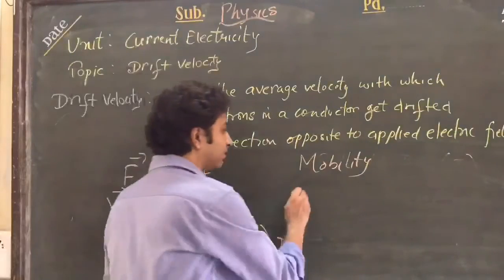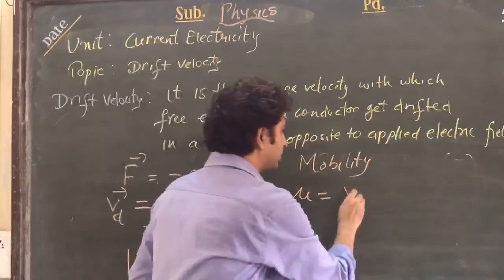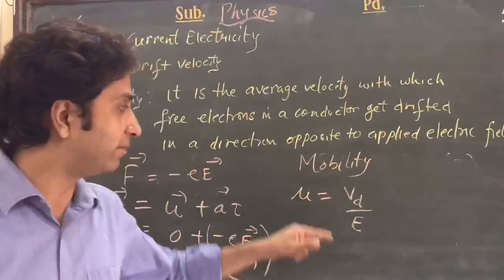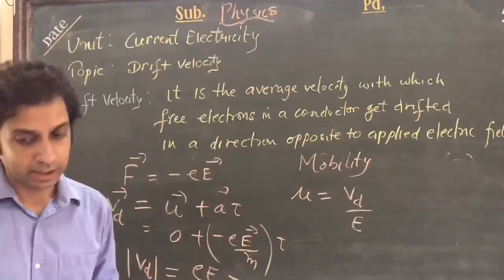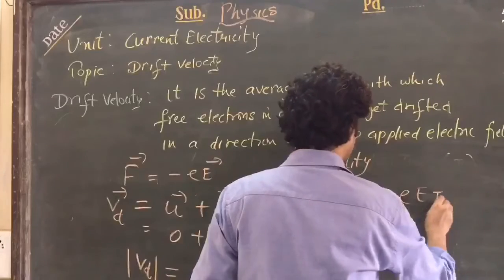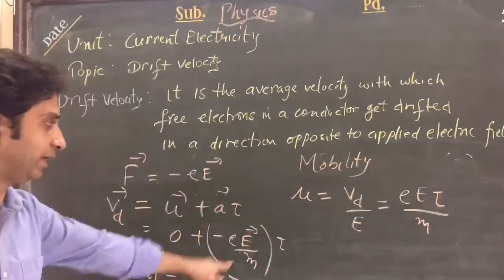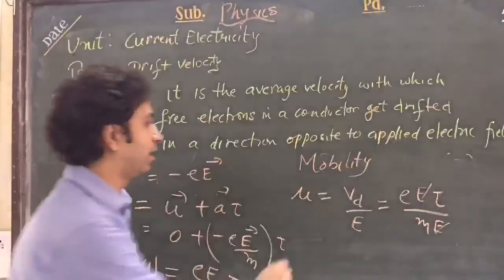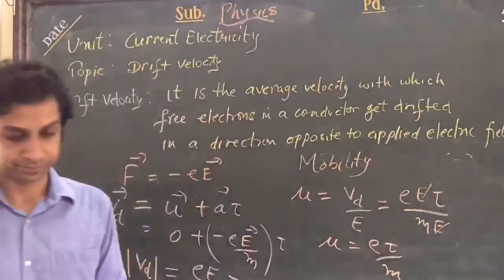Mathematically, mobility is denoted by the symbol mu, and it is given as drift velocity divided by electric field, that is Vd divided by E. If you put in the value of Vd, eE tau by m, the E cancels and you are left with e tau by m.